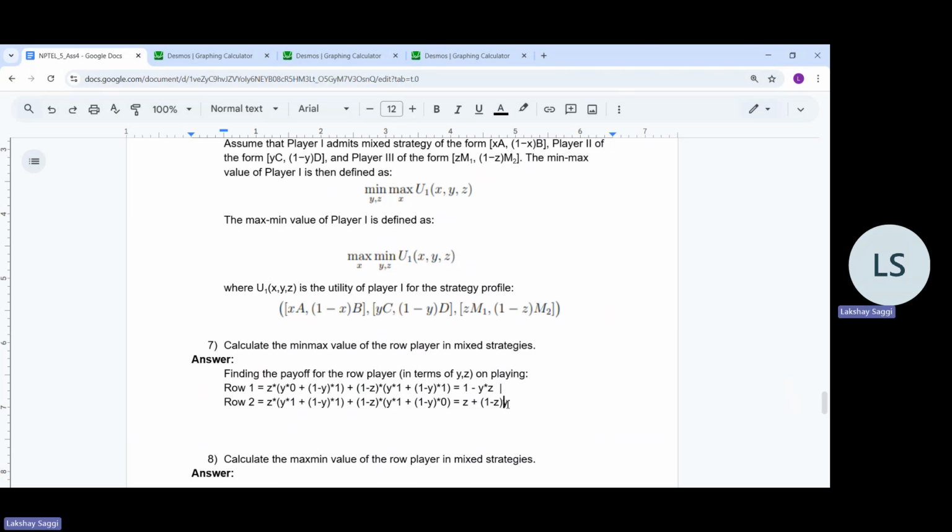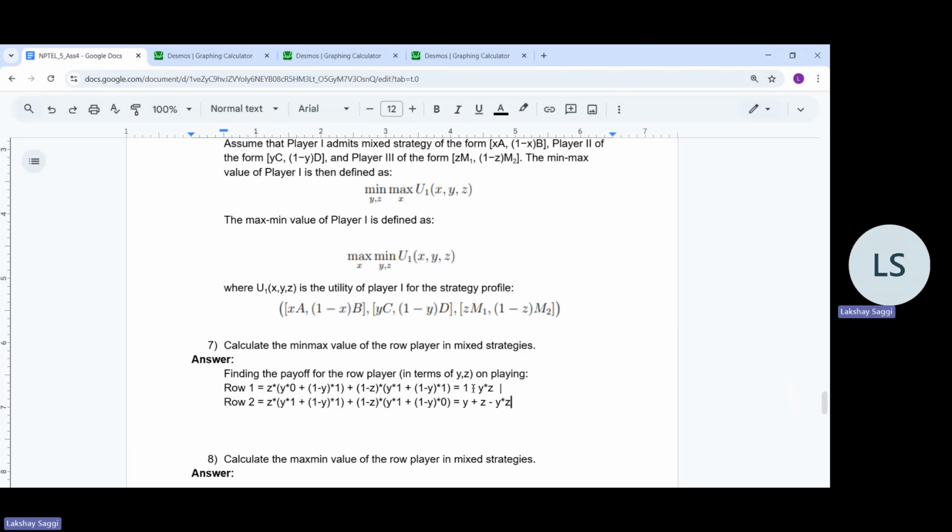This is equal to y minus yz. So this will be just equal to y plus z minus y times z.